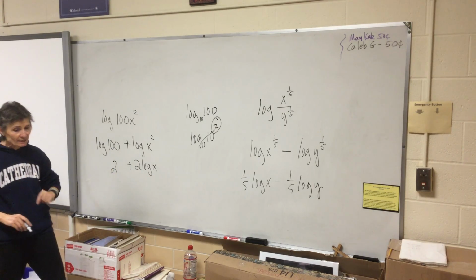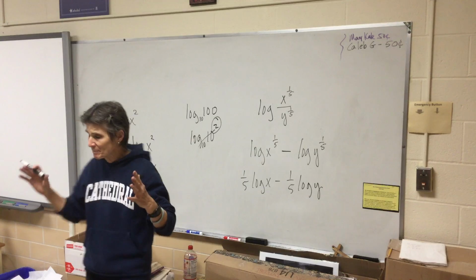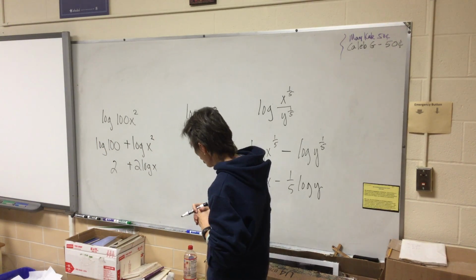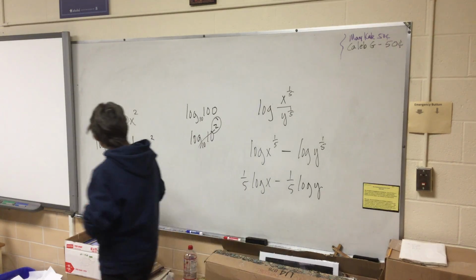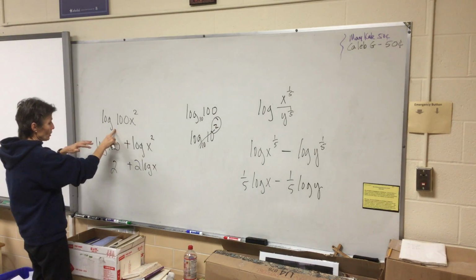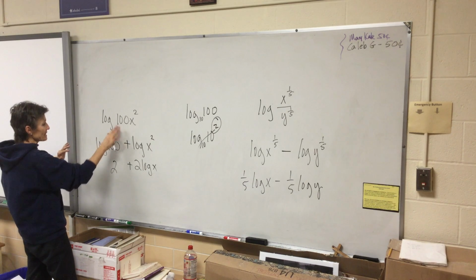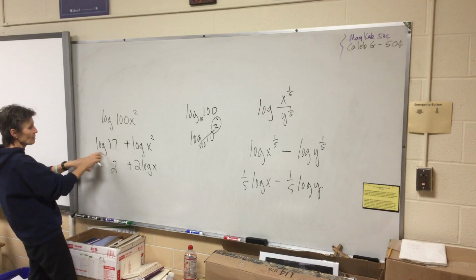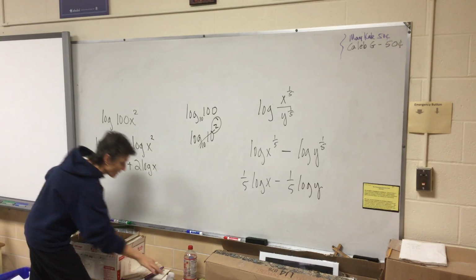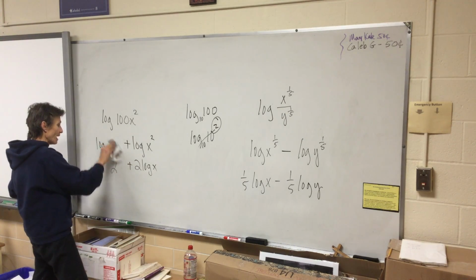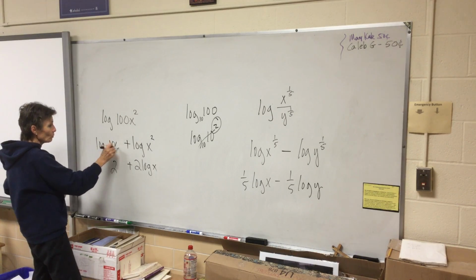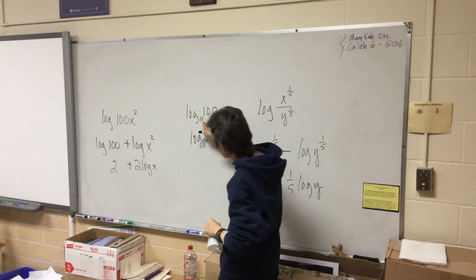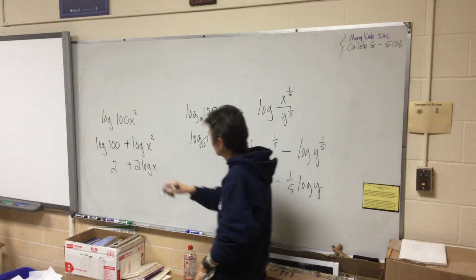Now I know exactly what you're thinking. You're thinking, how am I supposed to know that, Mrs. Ford? Well, you just are. If this had been a different number, like a 17, then you would be done right here. You can't do anything with the log of 17. But we could simplify because our number was 100, and 100 is a power of 10, which is my base.